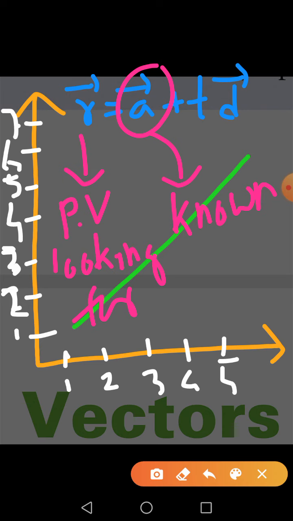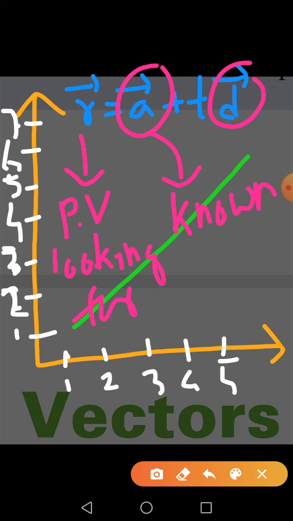Okay, and now this d is the value of your one step, or the vector numbers of your one step.